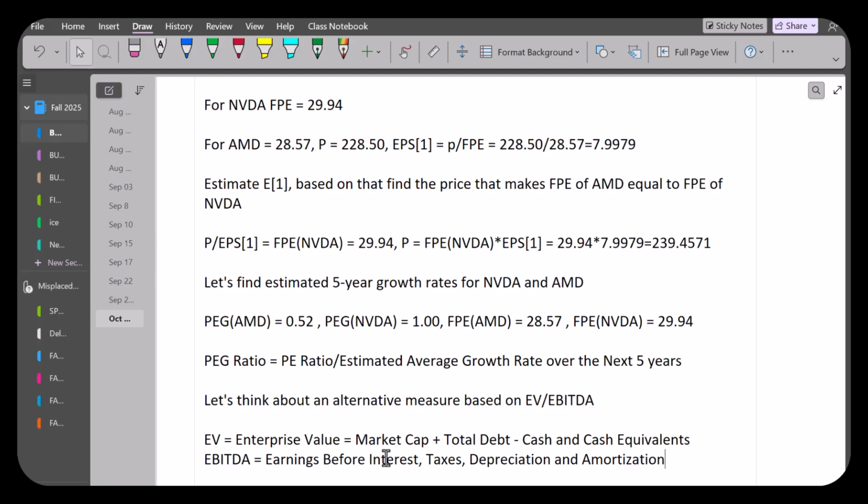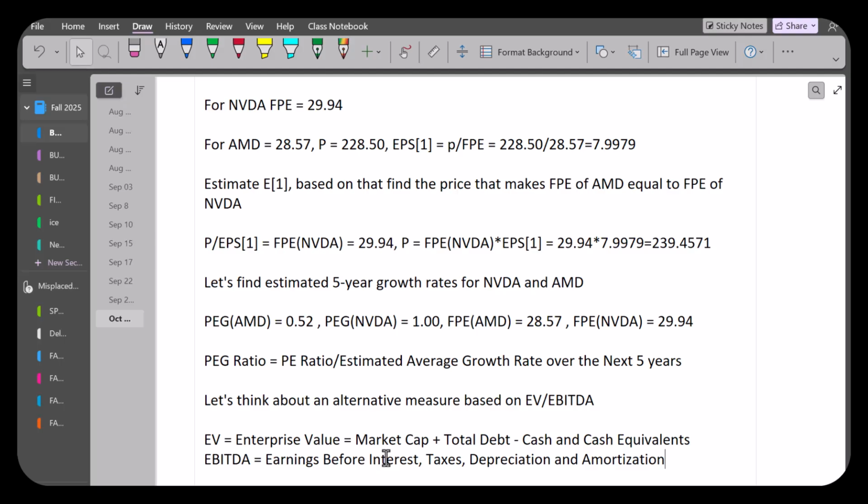If you use summary numbers for these using places like finance.yahoo.com, that depreciation and amortization literally refers to depreciation and amortization. But if you do this for a living, I typically add some other non-cash expenses, for example, stock-based compensation, especially for tech companies, that could be a significant number.